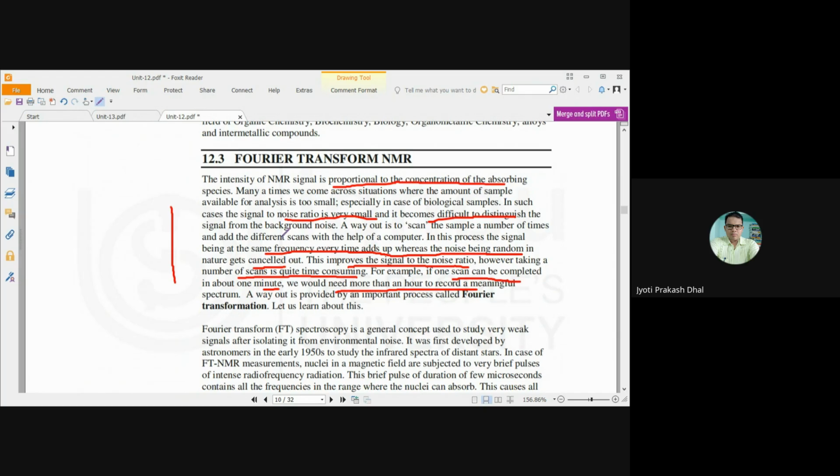That means we cannot analyze the signal because the intensity of the signal and the noise match one another. Hence, in order to get a specific signal, we have to run the scan a number of times. So that's why more than 1 hour is consumed to record a meaningful spectrum for one sample.